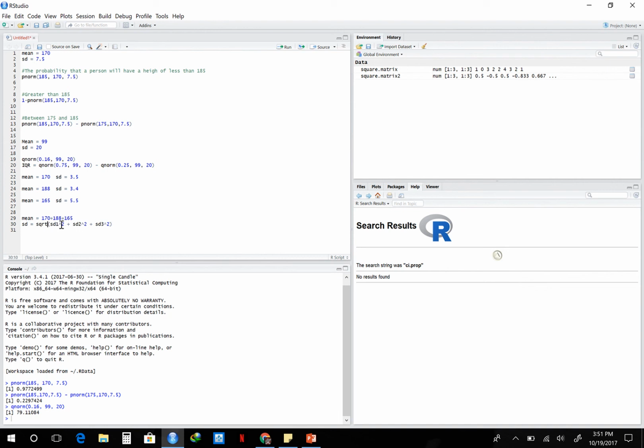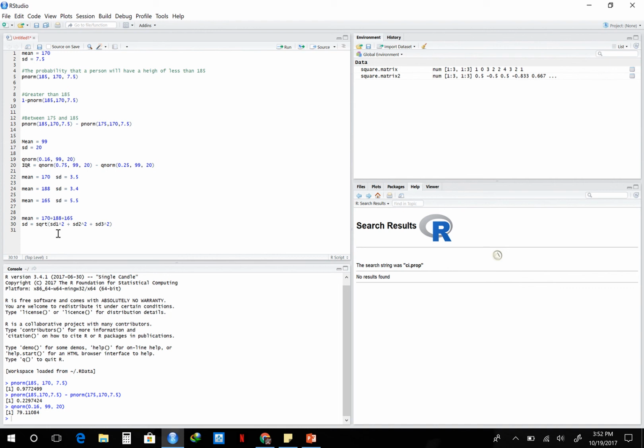So when we square standard deviation, what's another name for that? Variance. Yeah, variance. So we have to find the sum of the variances and then square root it to find the total standard deviation.